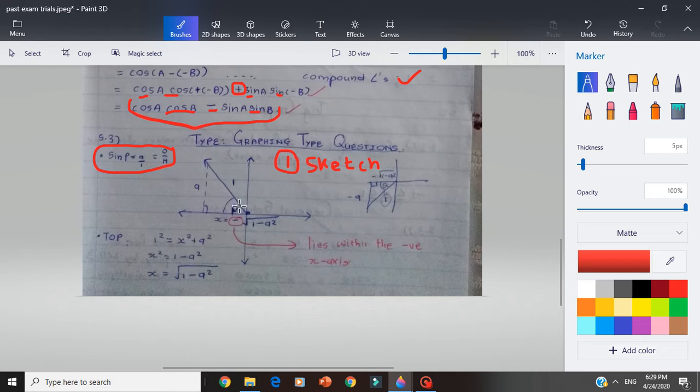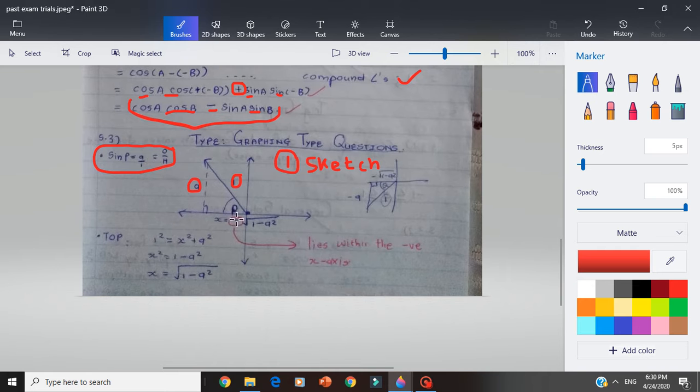And so here, the sine of P is A over 1, which is opposite over hypotenuse. So if I draw a quadrant and I draw a right angle triangle like this, opposite my angle P, I got A and my hypotenuse is 1.